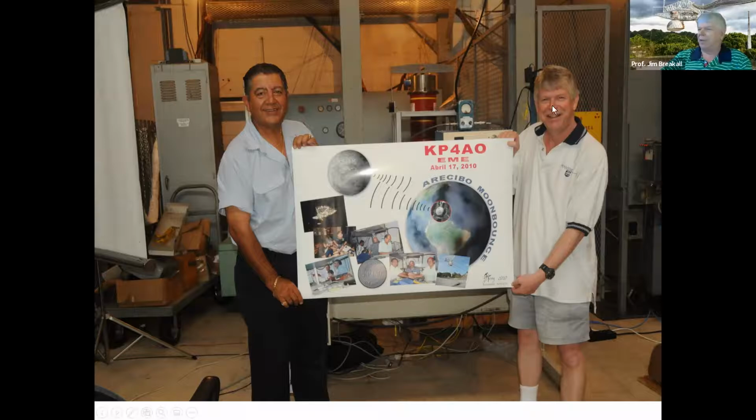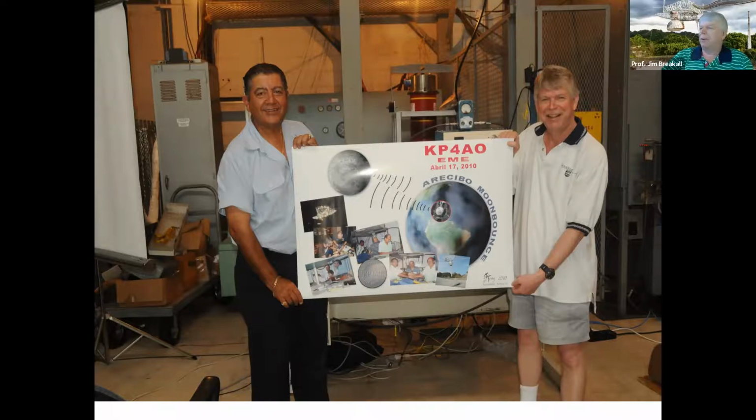And so myself and this person here, Angel Vasquez, he's now the current director of telescope operations, and my good friend Joe Taylor, who won the Nobel Prize. We all three got together, and we had several days where the observatory let us have control of the whole system, and we bounced signals off the moon and made communication all around the world on ham radio, which is very rare.